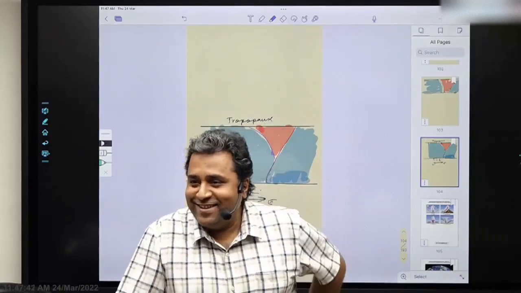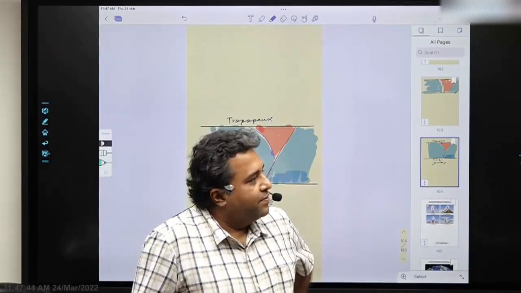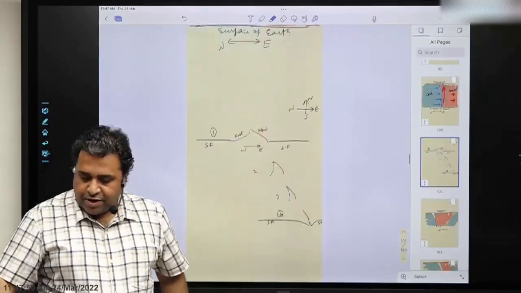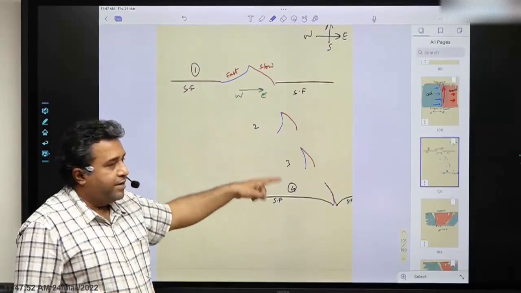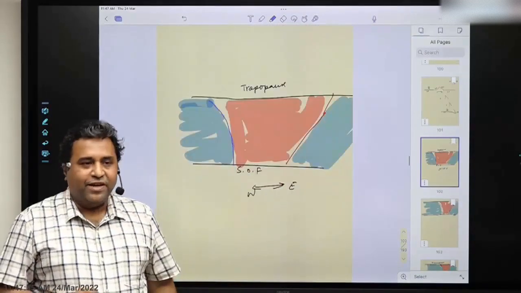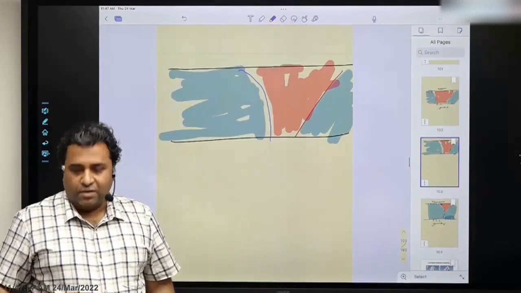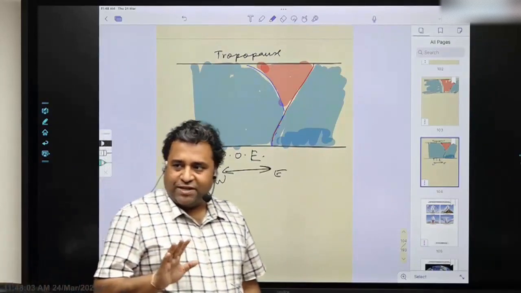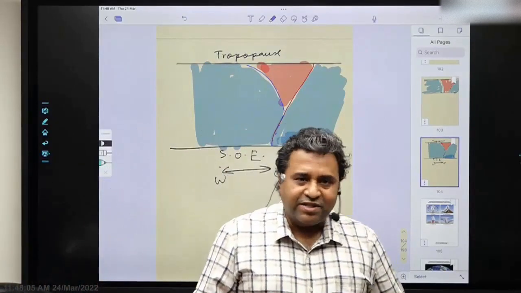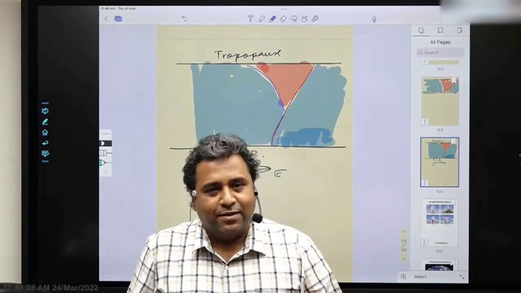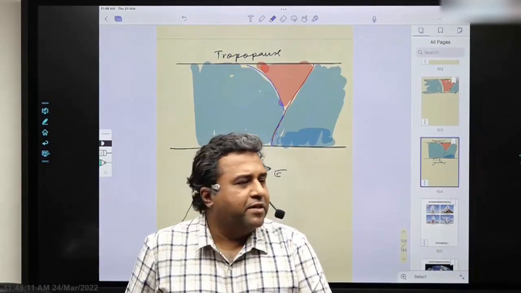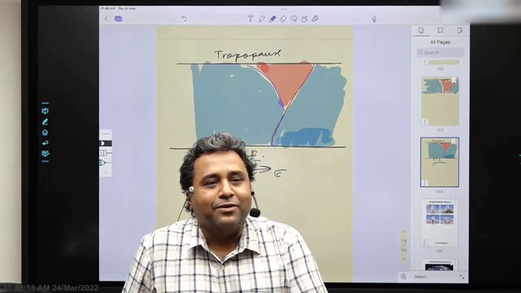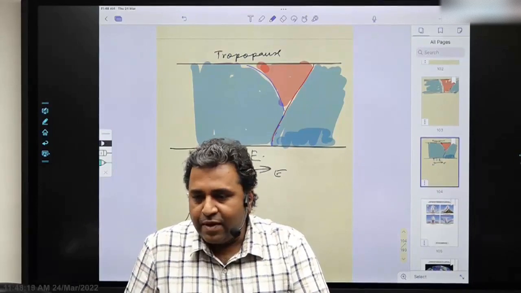We did not do 3A, so 1A, 2A and 4A will do. These are the diagrams: 1, 2, 3, 4, and this is 1A, this is 2A, 3A we did not draw, and directly 4A. I will go in that sequence, and if I need I will say 3A also. You have to imagine that. Whatever you did not draw in life, that is what you have to imagine. So should we write? Okay, write down.